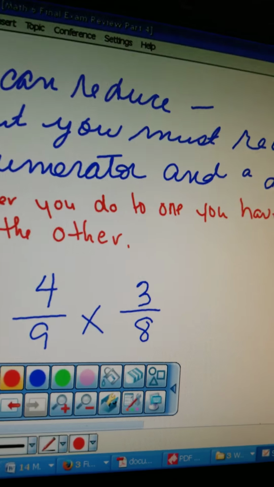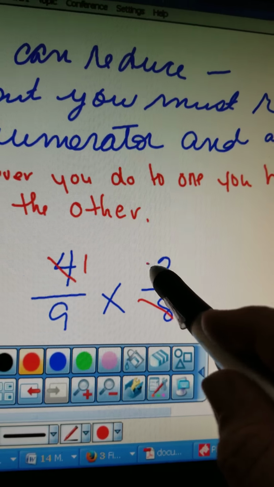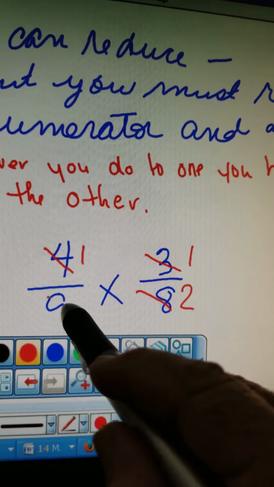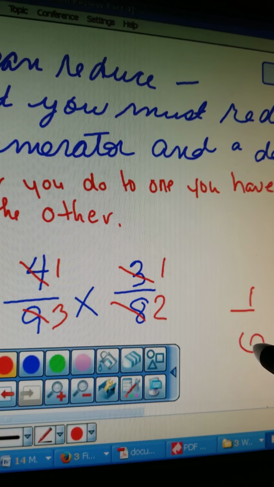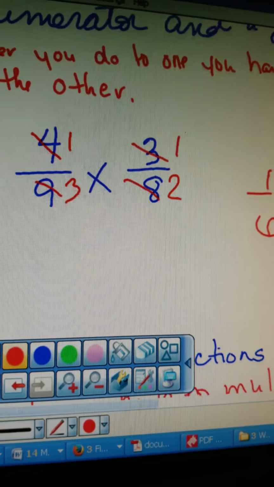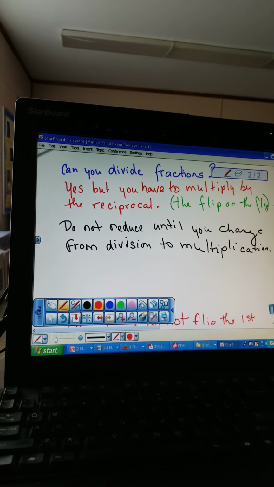All right, let's go back to the fractions for a minute, because I did want to remind you again that you can reduce before you multiply. Divide by 4, divide by 4, divide by 3, divide by 3, and you would get 1 over 6. Okay, going down, this is what I wanted to get to. Can you divide fractions? Yes, but you have to multiply by the reciprocal, or the flip, or the flop.